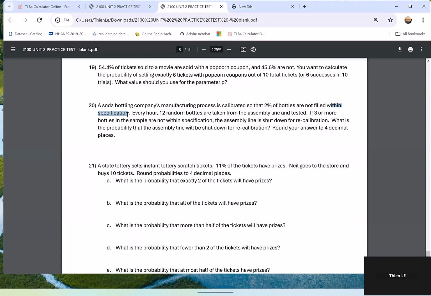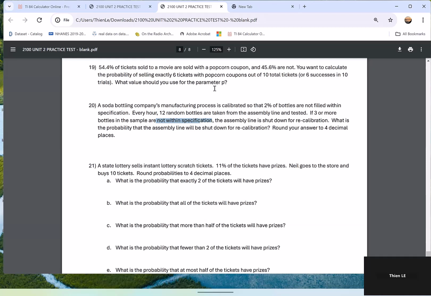So here again, success doesn't mean good or bad. It just means the event we care about. And here they care about the bottle not being within specification. So your X can be modeled by a binomial of 12 and 0.02.